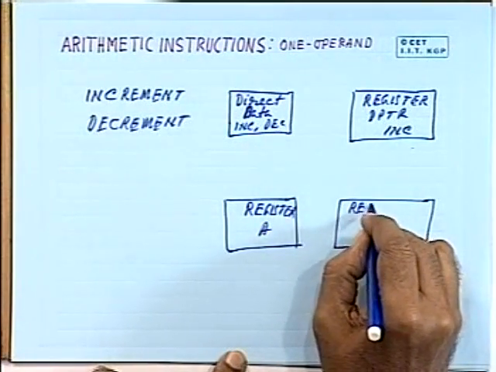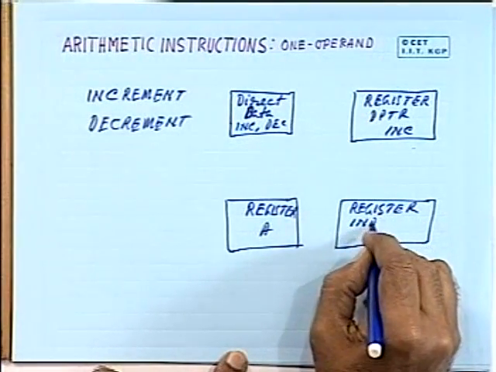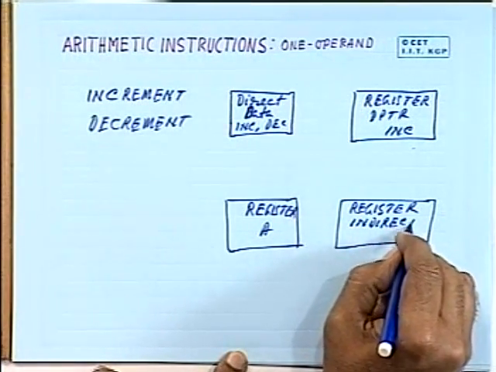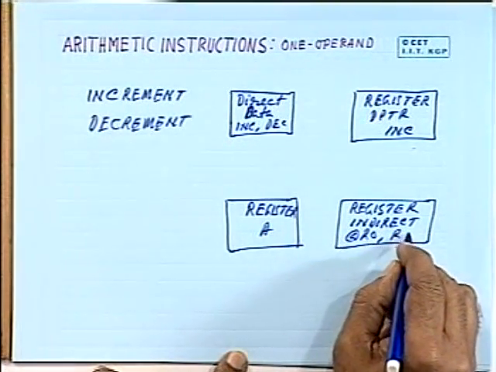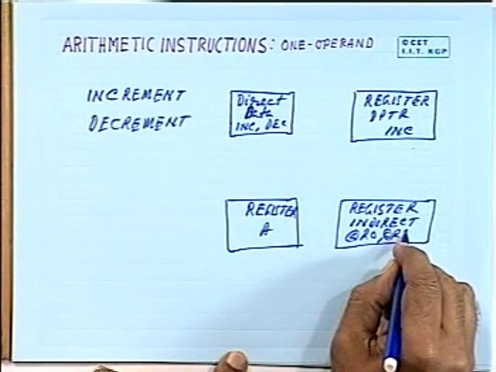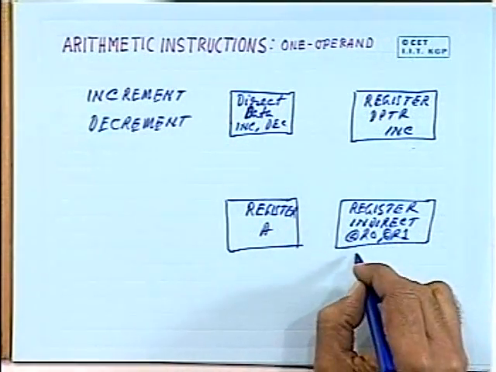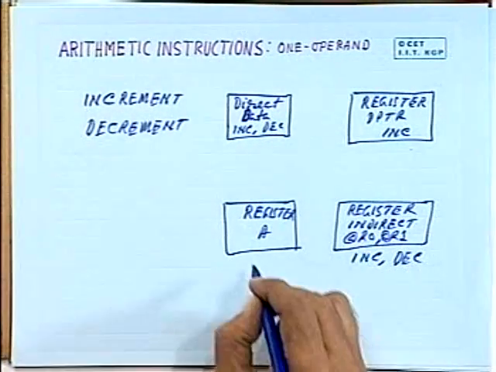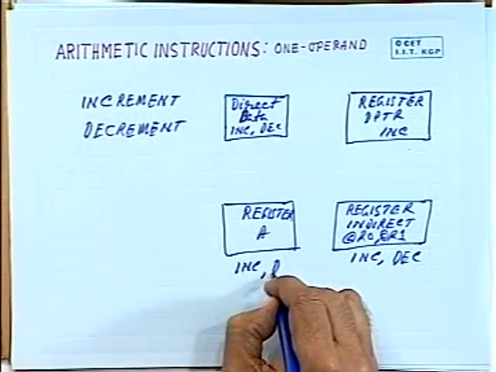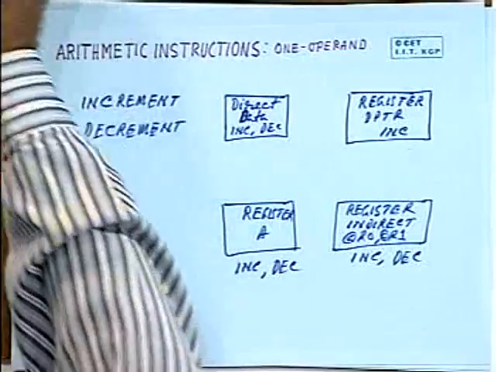So register indirect, where you use the R0 and R1 registers to point to the memory location. Here in this case also you can perform increment and decrement, as you have seen, and these instructions are shown here.